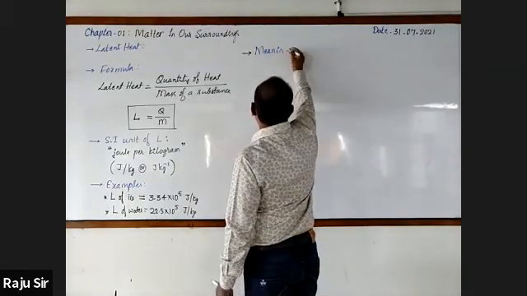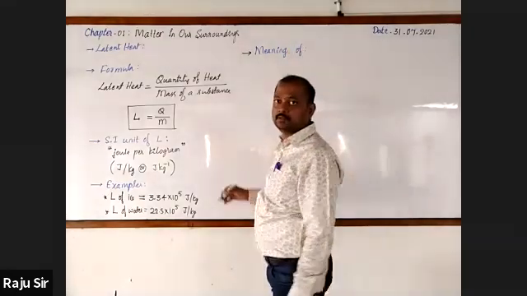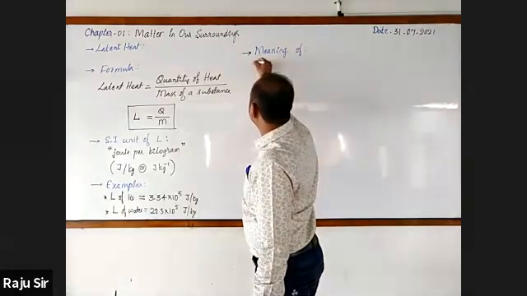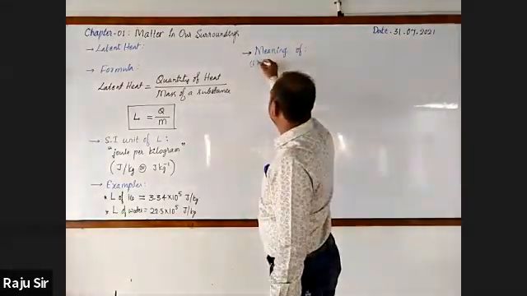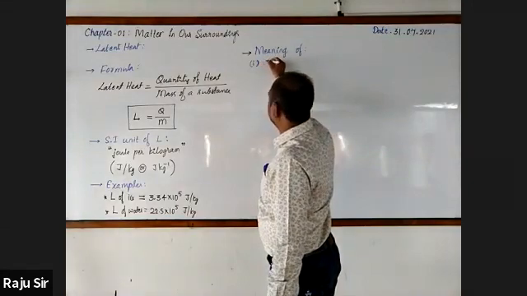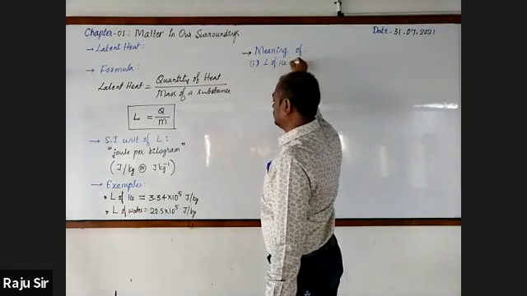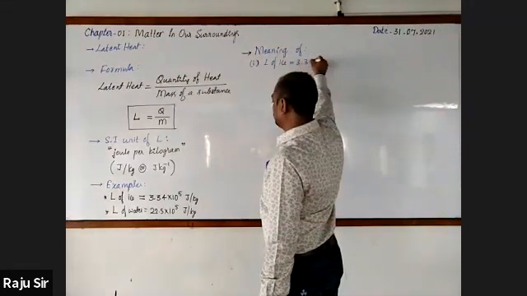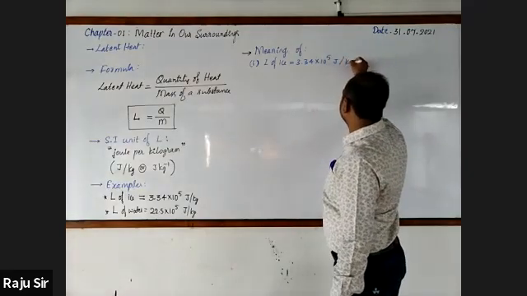Meaning of the first one: latent heat of ice is equal to 3.34 into 10 raised to the power 5 joule per kilogram.